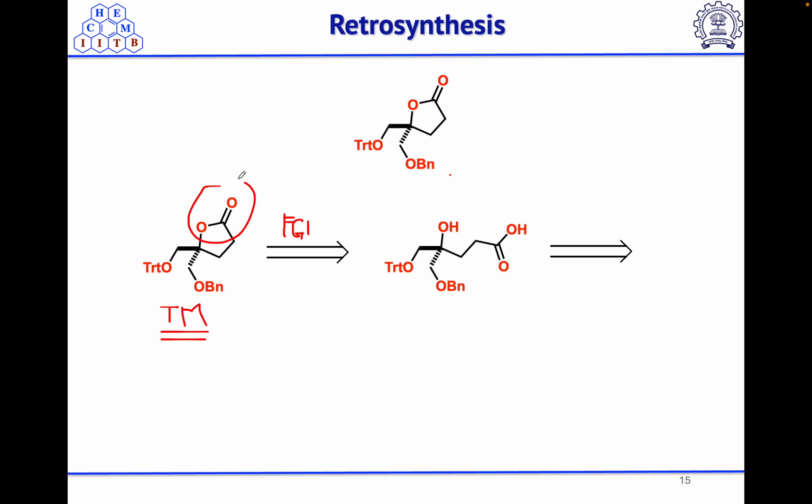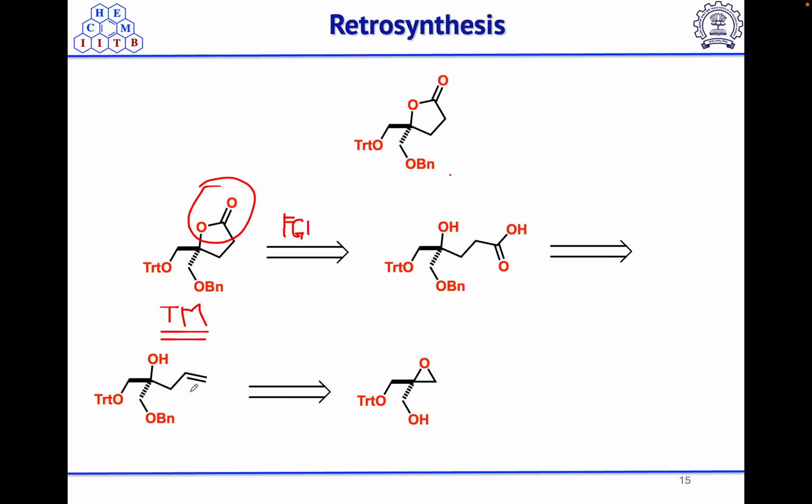So this lactone forms from this alcohol and acid. Now how can we get this acid? We can get it from this olefin, by oxidizing that carbon to the carboxylic acid. And how can we get this olefin? From an epoxide. So epoxide ring opening could give this olefin.